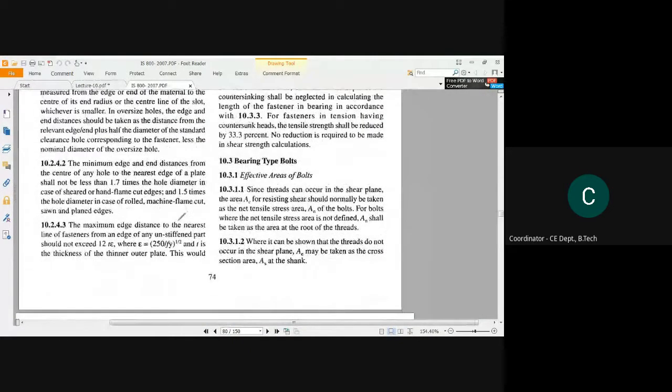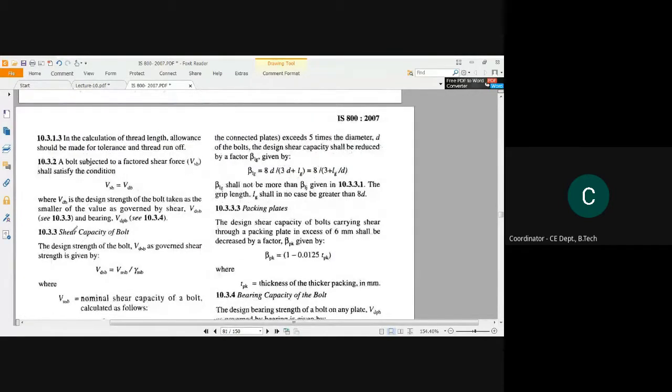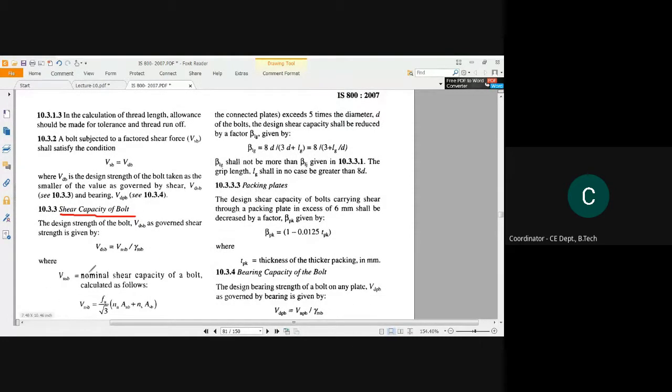See, in 10.3, bearing type of bolts, page number 74, it has started. In 10.3.3, the shear capacity of bolt is given. Let us first come to Vnsb, not Vdsb.